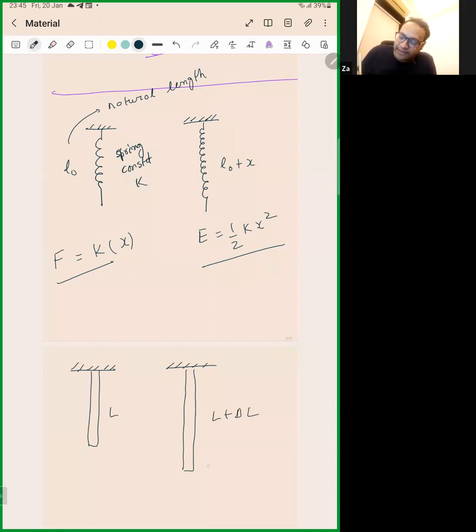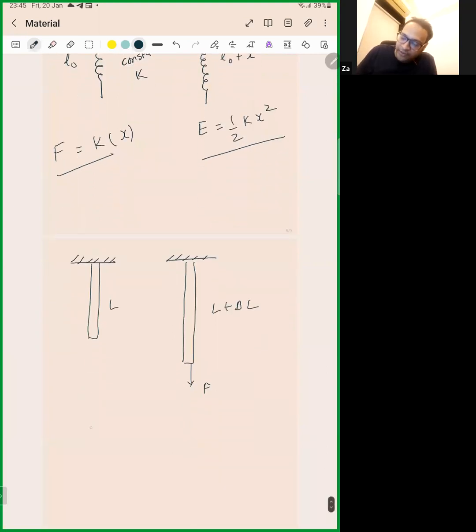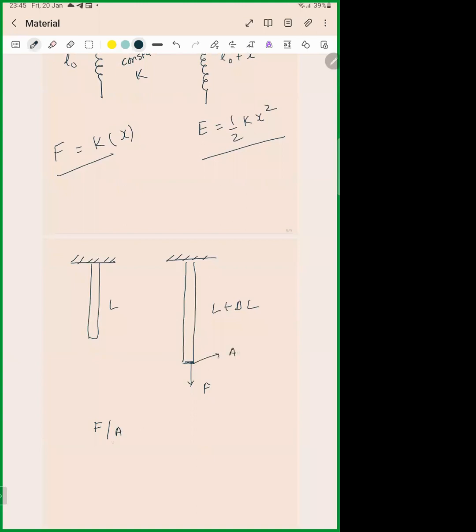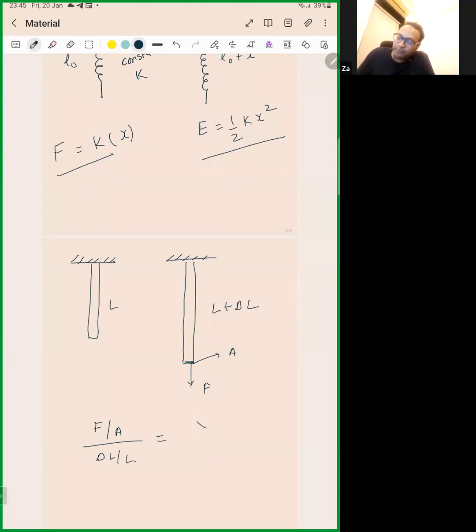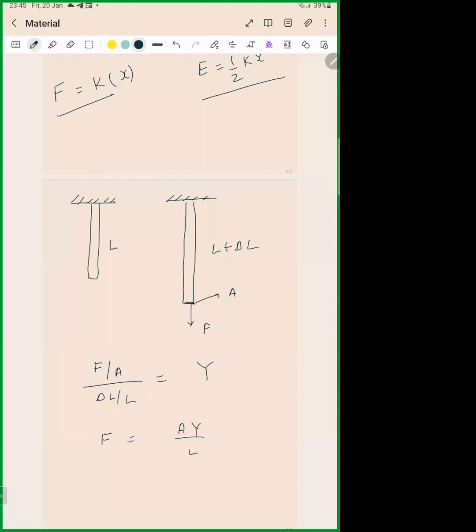You will write the equation as F upon A, where A is the area of cross section, divided by delta L by L, is equal to Y. So you will get F is equal to AY by L times delta L. Is it clear? Yeah.